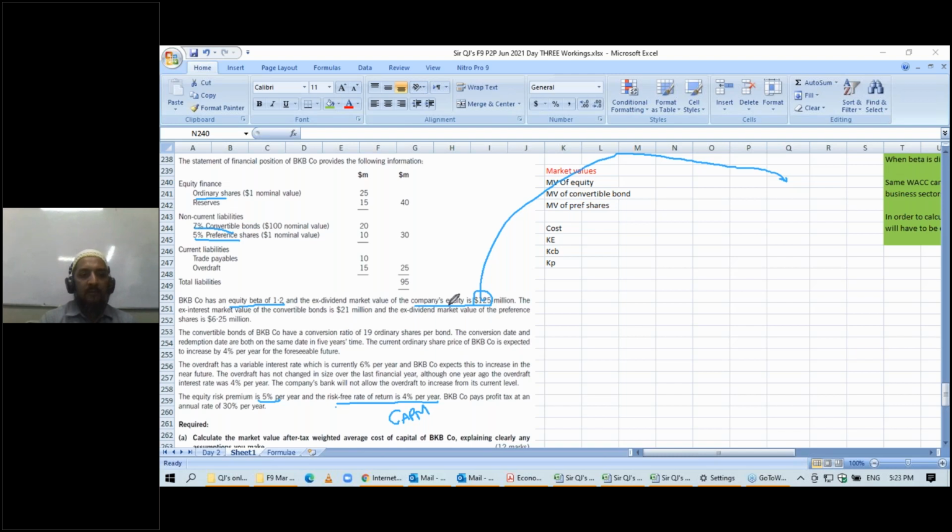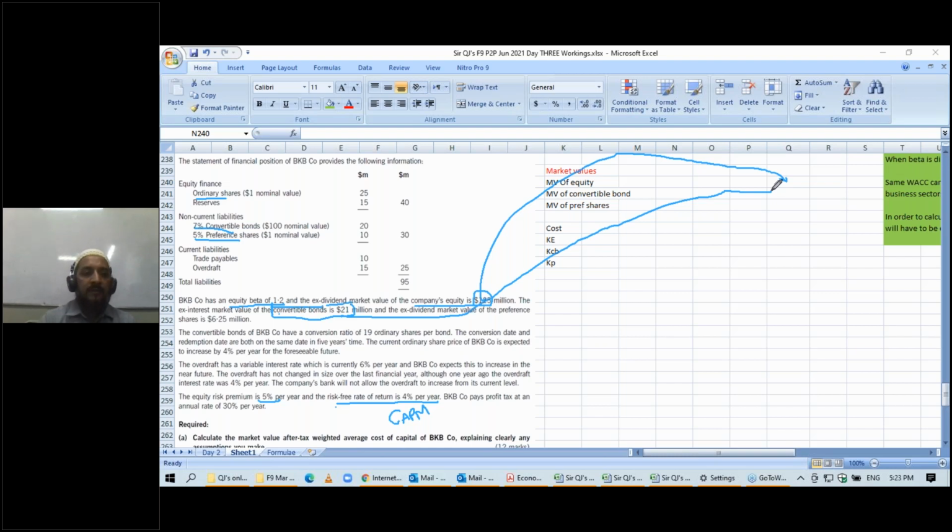The next paragraph is on convertible bonds, and they have given you the market value of the convertible bond as well. The market value of the convertible bond is 21 million in full, so this will be considered over here.